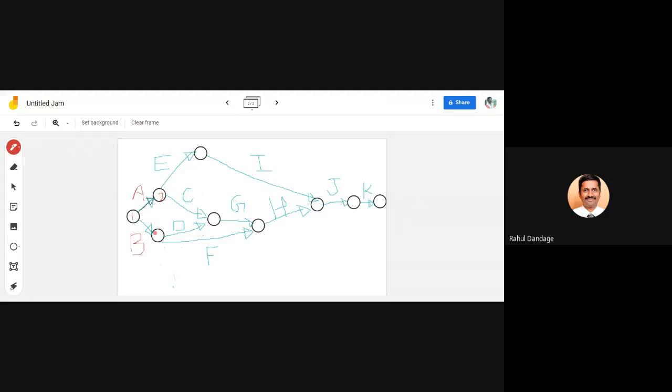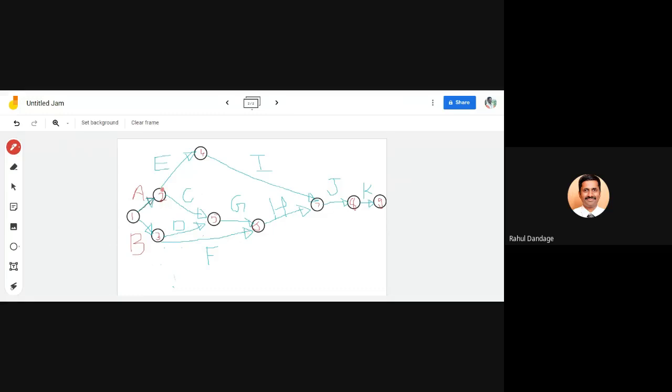So this is 2, top to bottom, 3, 4, 5, 6, 7, 8, and this is 9. Okay. So when you are numbering, you should start with 1 from the left side and reach up to the last number, whatever you are getting.